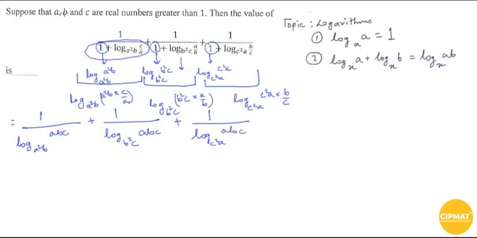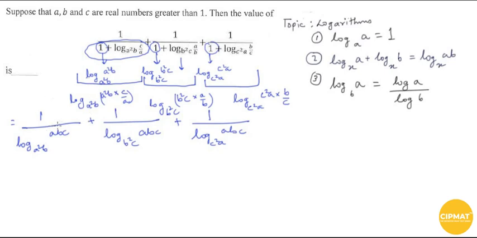Now I'm going to discuss one more property which I'm going to use here. Whenever you have log with base b and we are taking the log of a, this becomes log a upon log b. I'm going to use this property here, and let's see what happens.